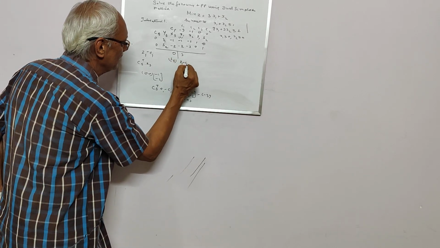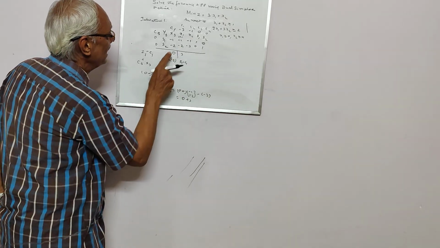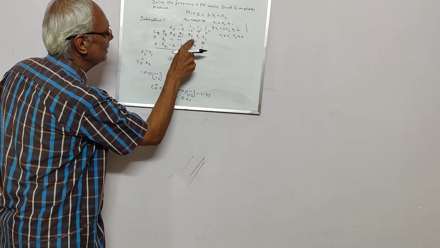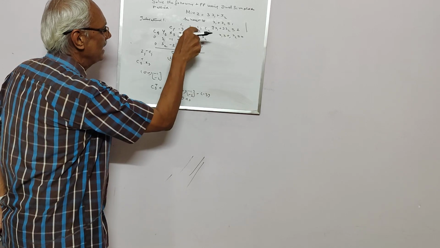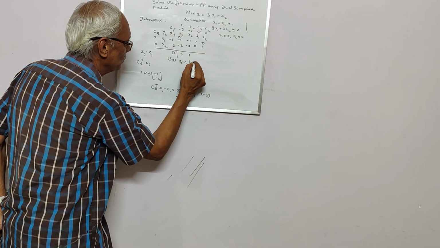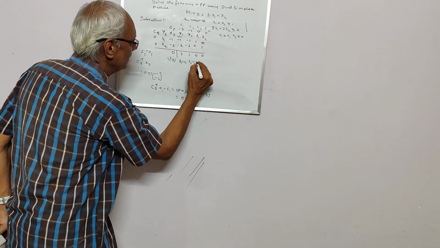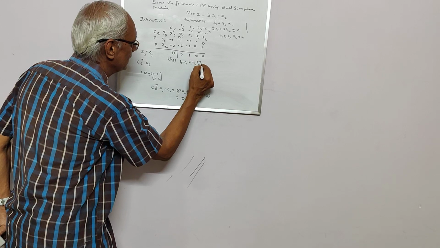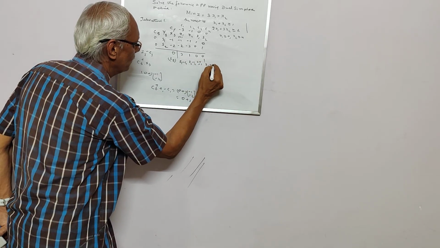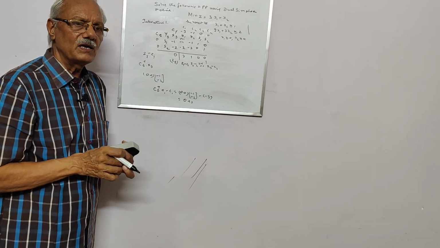So this is your Z1 minus C1. If you apply the same method, 0, 0 into this is 0. Then take away this minus 1, so you get this one. So this is Z2 minus C2. Likewise, this is 0 and this is 0: this is Z3 minus C3 and this is Z4 minus C4. Now, what are we trying to get?